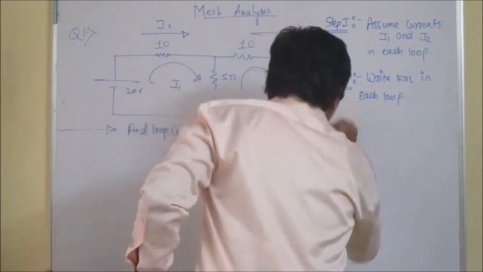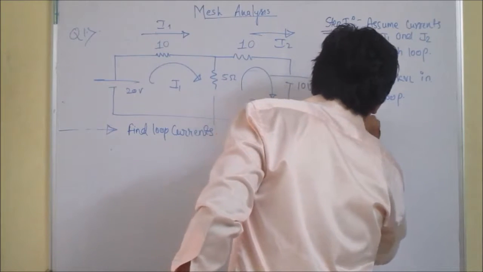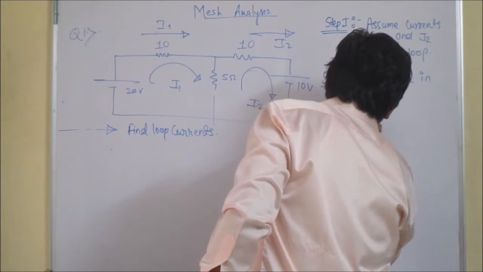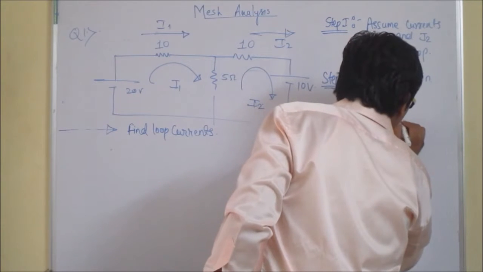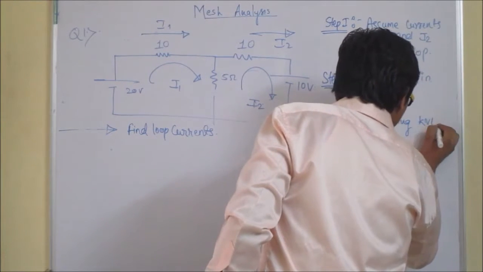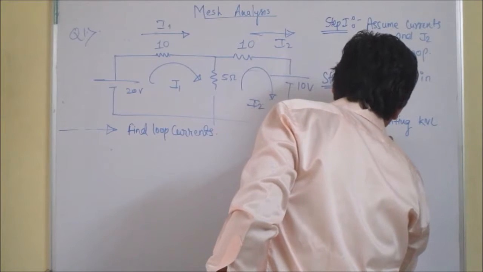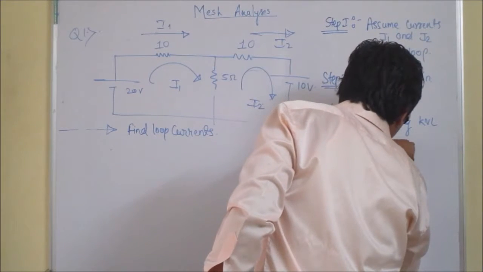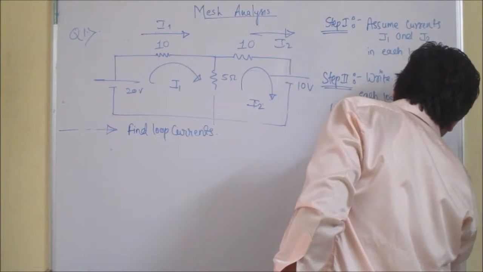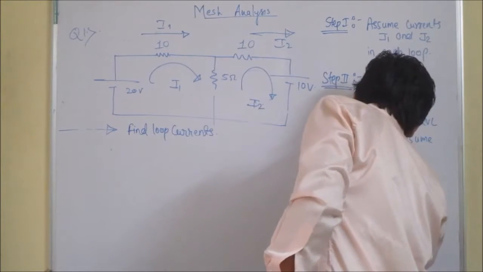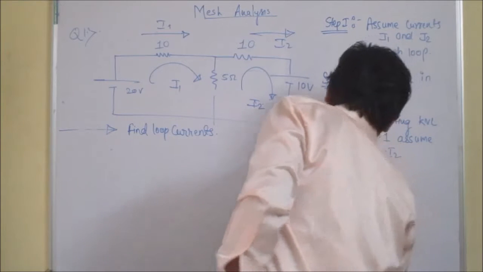That is, write a sub point: while writing KVL in loop 1, assume I1 greater than I2.